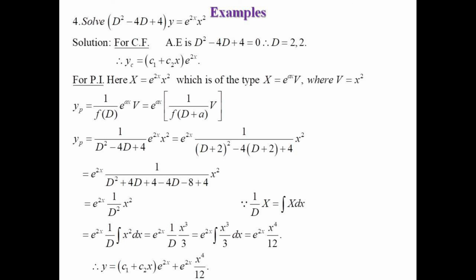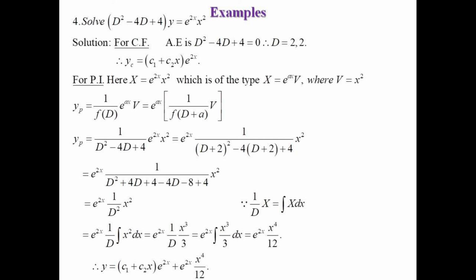Then according to the formula for the particular integral, the particular integral is 1/f(D) e^(ax) v = e^(ax) · 1/f(D + a) v. Now if we apply this formula to the given equation, 1/f(D) means 1/(D² − 4D + 4) e^(2x) x². Write e^(ax) first as it is, so e^(2x) as it is, then replace D by D + a, where a is 2.